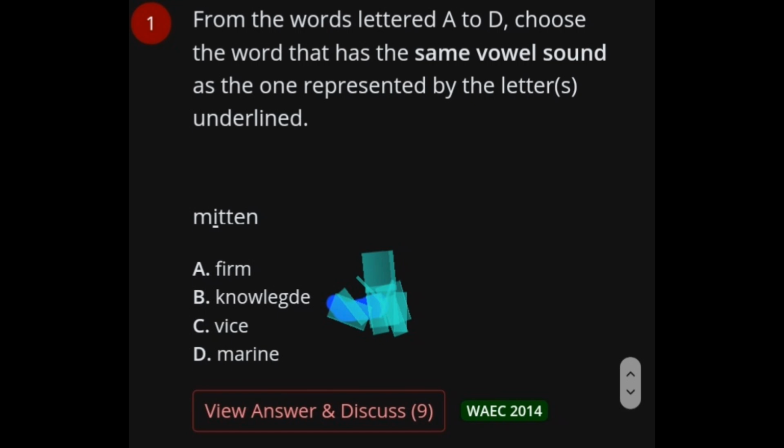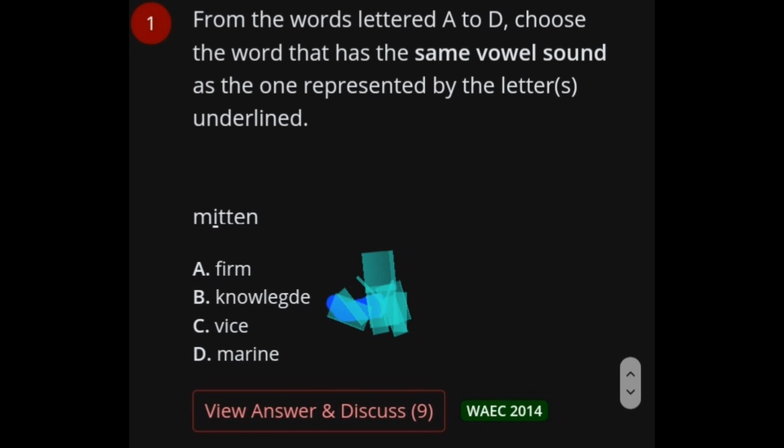The answer to that question is option B, knowledge. That is because in the word meeting, letter I, which represents the short sound E, has been underlined. Okay, so it is only the word knowledge that has the short sound E, as you can see on your screen.